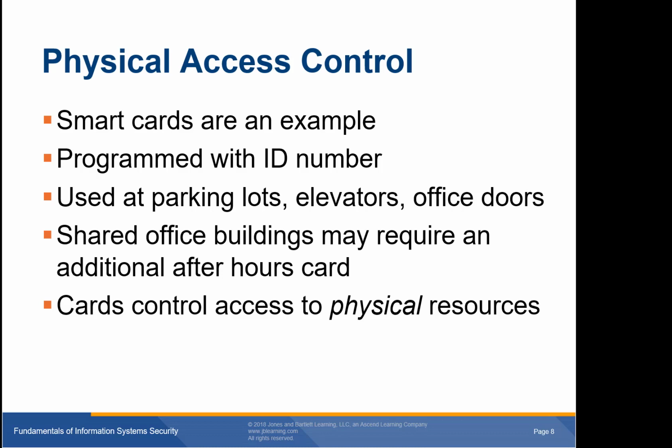This card allows you to enter these locations because you are an employee. The organization's authorization policy grants you, as an employee, physical access to certain places. People without an authorized card shouldn't get past the front gate. If your organization shares your office building with other organizations, you might even have a second card that grants access into the building after hours. These cards control access to physical resources.